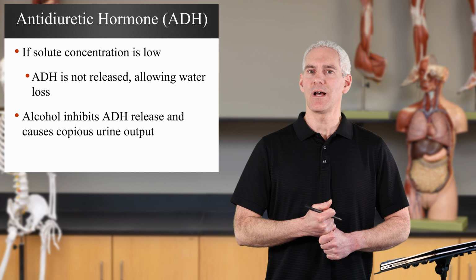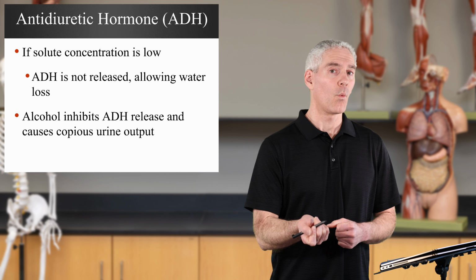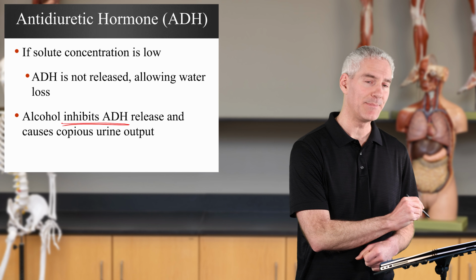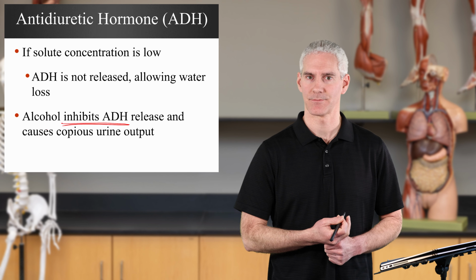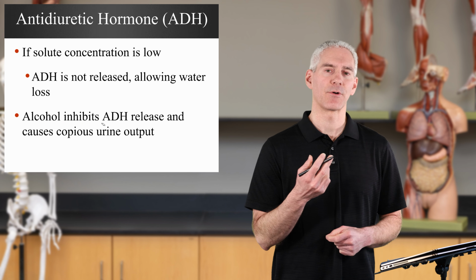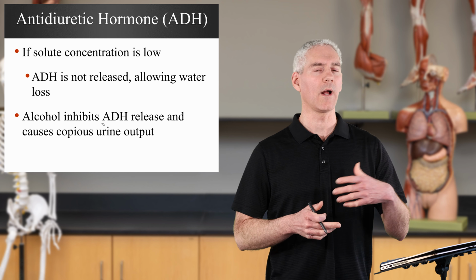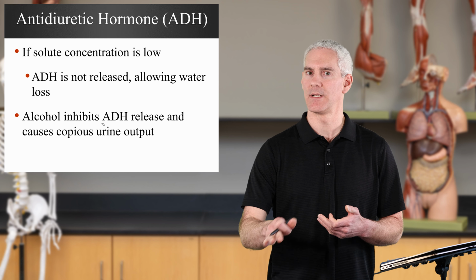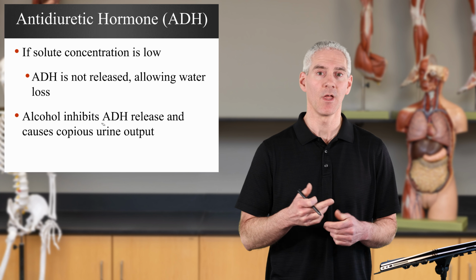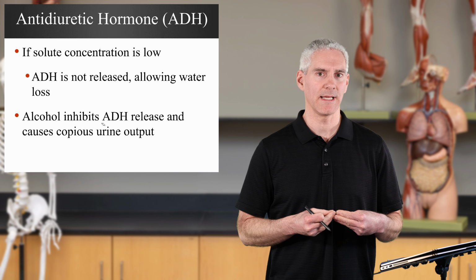Now, the consumption of alcohol will cause a problem with ADH. What happens is alcohol inhibits ADH, basically prevents ADH. So by preventing antidiuretic hormone, no matter what your solute concentration is, it'll increase fluid expulsion. Because you're not conserving it, you're not trying to hold water in.